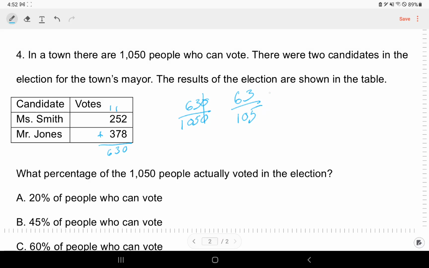And then from there, well, 105 is 100%. So number and percent.